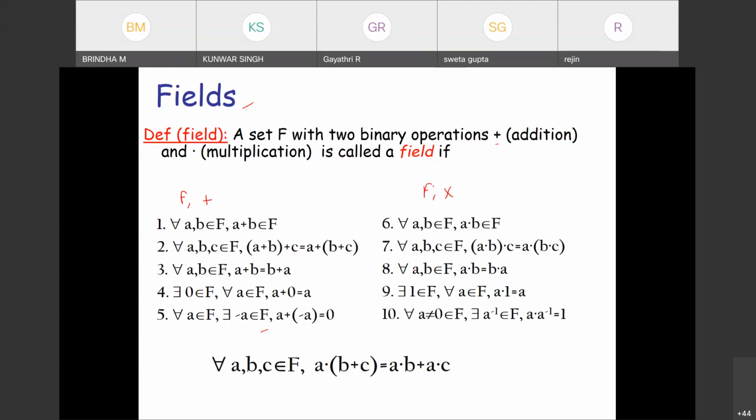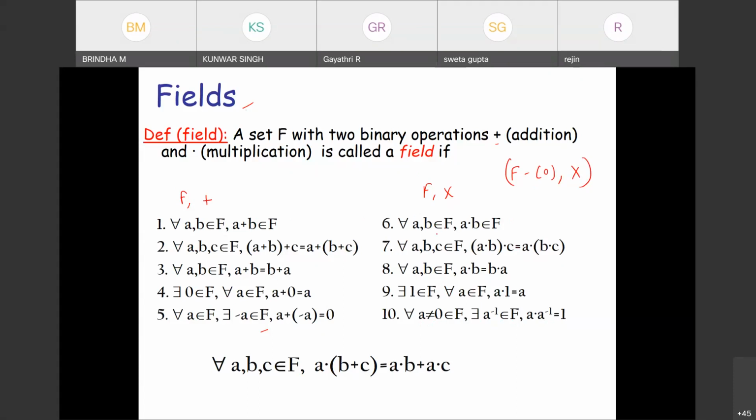You can say this group is like F minus 0, because 0 cannot have a multiplicative inverse. So except 0, all the elements must have an inverse. That is the requirement of the field.